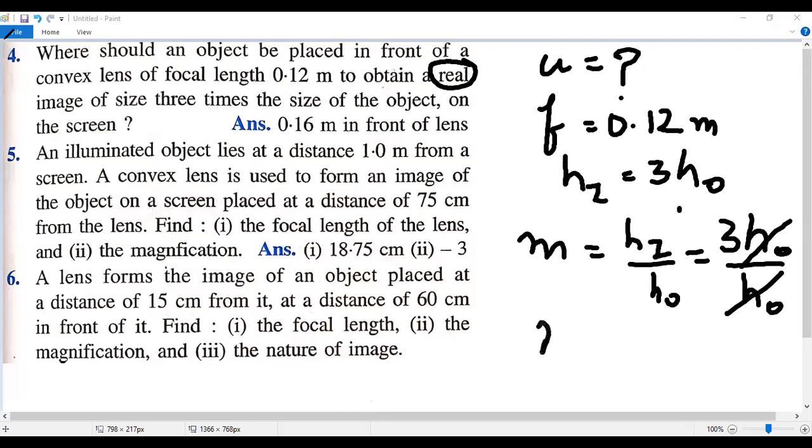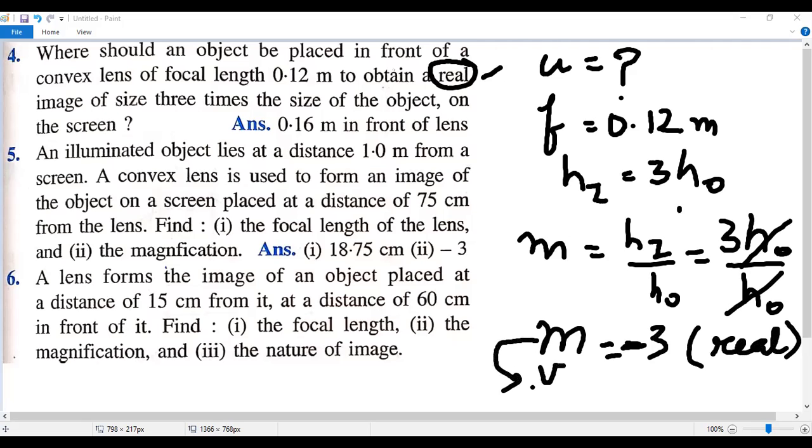Cancel that out. Now the catch is here. It is a real image. So what you have to do? You put a sign of minus here and write down why you are putting minus, since the image is real. Then put the value of m as v divided by u.